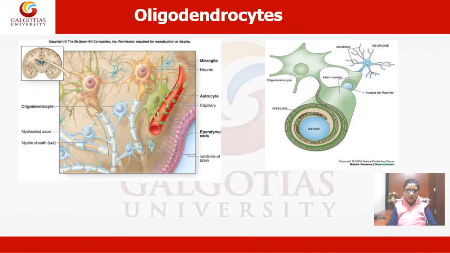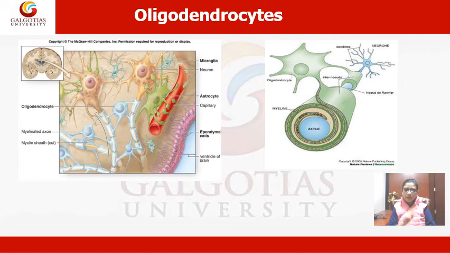In this slide, you can see the diagram of the oligodendrocyte. Generally, this is a diagram of neuroglial cells, which represents all four types of neuroglial cells altogether. So microglial cells are there, astrocyte is there, ependymal cell is there, and at the inferior side, there is a sky blue color. That particular cavity is a ventricle of the brain, where cerebrospinal fluid is present. And in this diagram, the greenish structure is the axon.